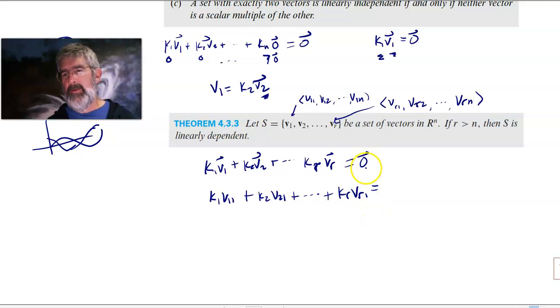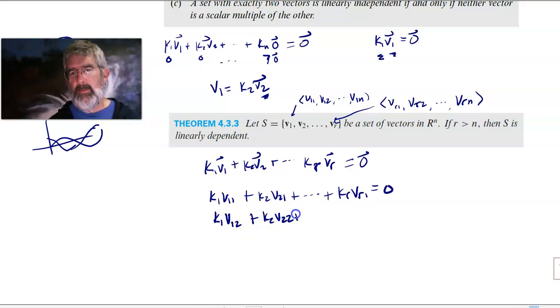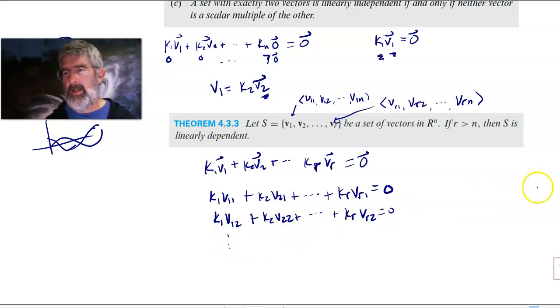And that has to be the first component of the 0 vector, but of course that is 0. And likewise, second component would be k1 v1 second component, plus k2 v2 second component, plus all the way up to kr vr second component. And then keep going, dot, dot, dot, down to the last one.